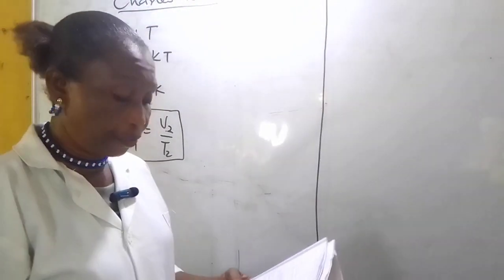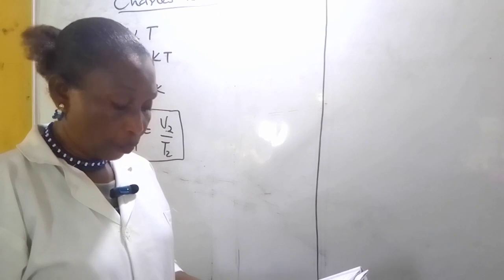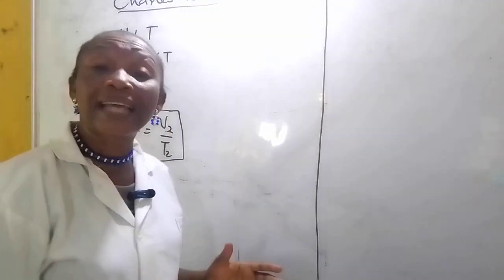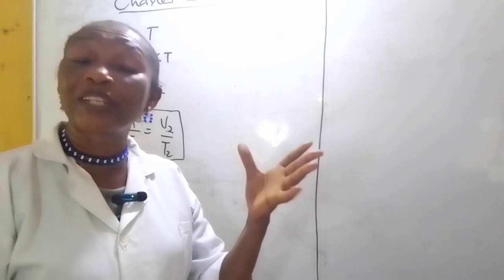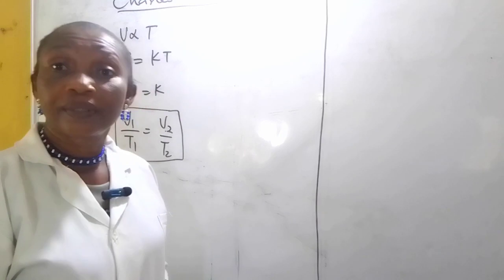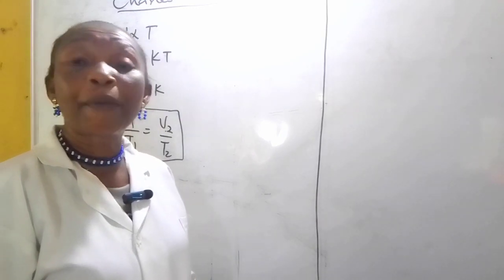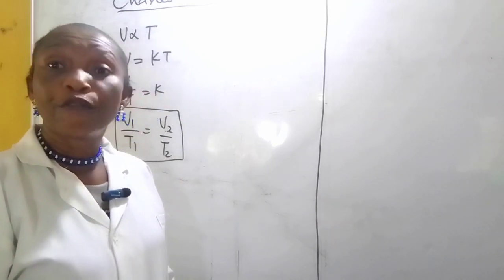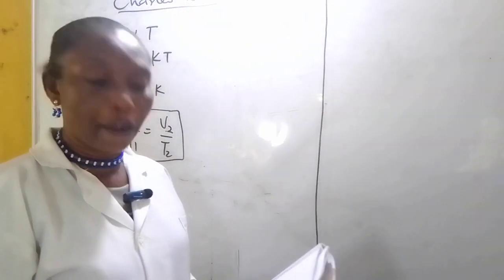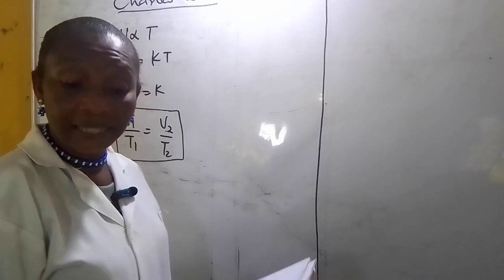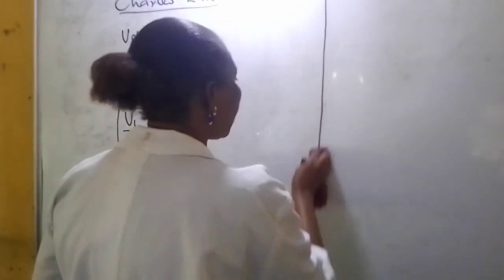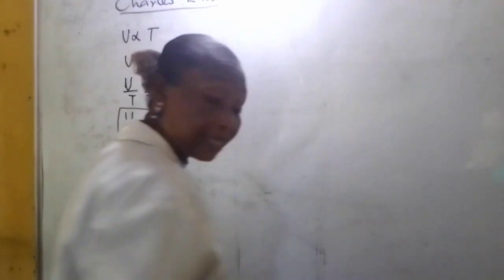So we have this law telling us that as the temperature increases, the volume increases as well. And as the temperature decreases, the volume decreases. So we have a graph representing the Charles law. Let's look at the graph representing the Charles law.